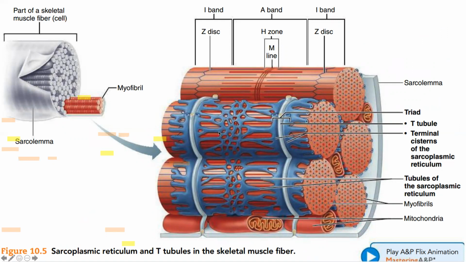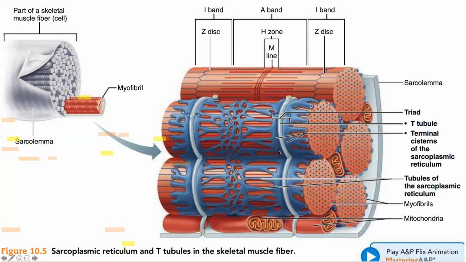They run along with the actin and myosin, and when they get close to here, they go in a different direction, a horizontal or transverse direction. That is what we call the terminal system. This sarcoplasmic reticulum, which is equivalent to endoplasmic reticulum, stores loads of calcium.